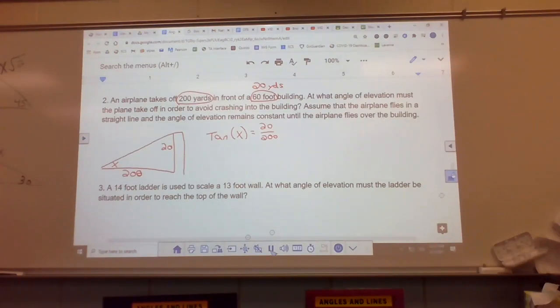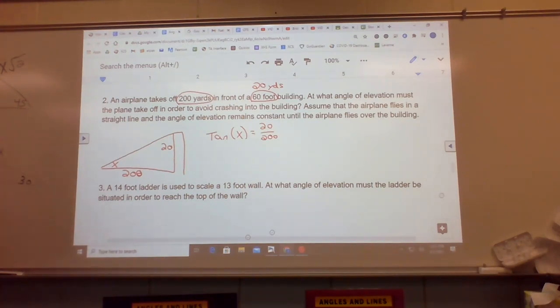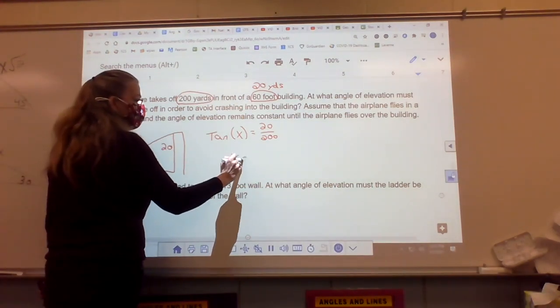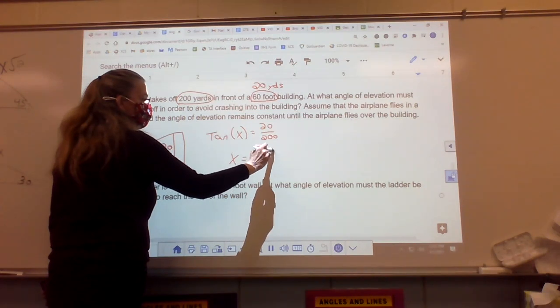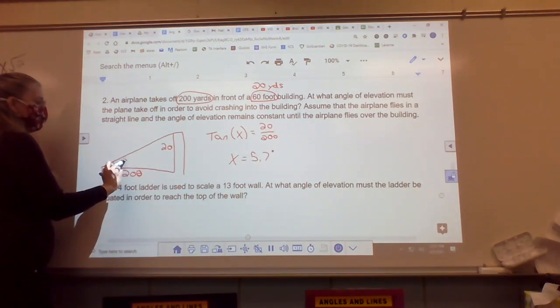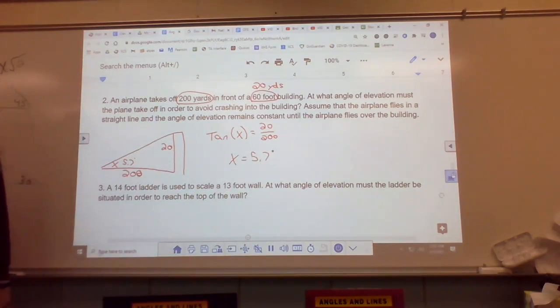Now, like I said, you need to find the angle. To find the angle, you're going to hit the inverse tangent, 20 divided by 200, and I get 5.7 degrees. So the angle that the plane has to take off is 5.7 degrees. So that's this guy here. So that's number 2.